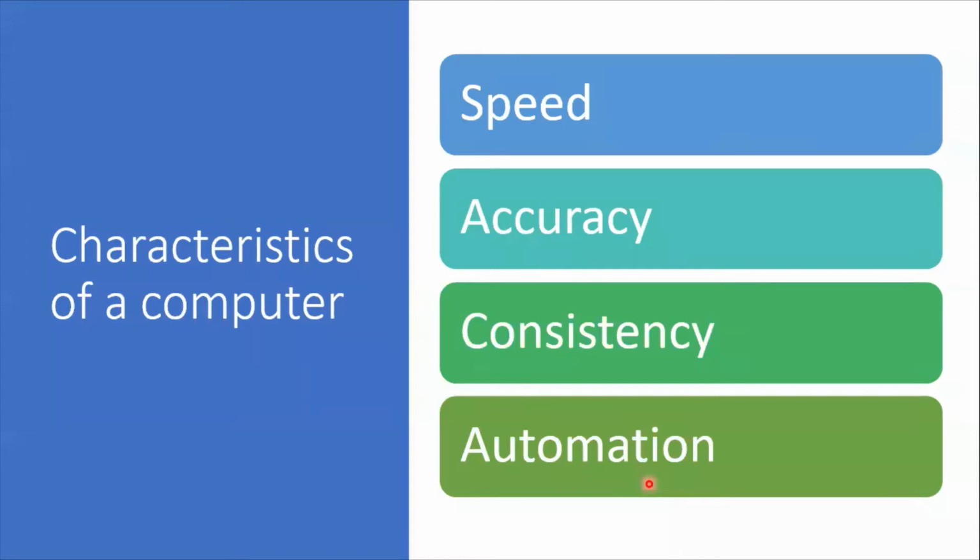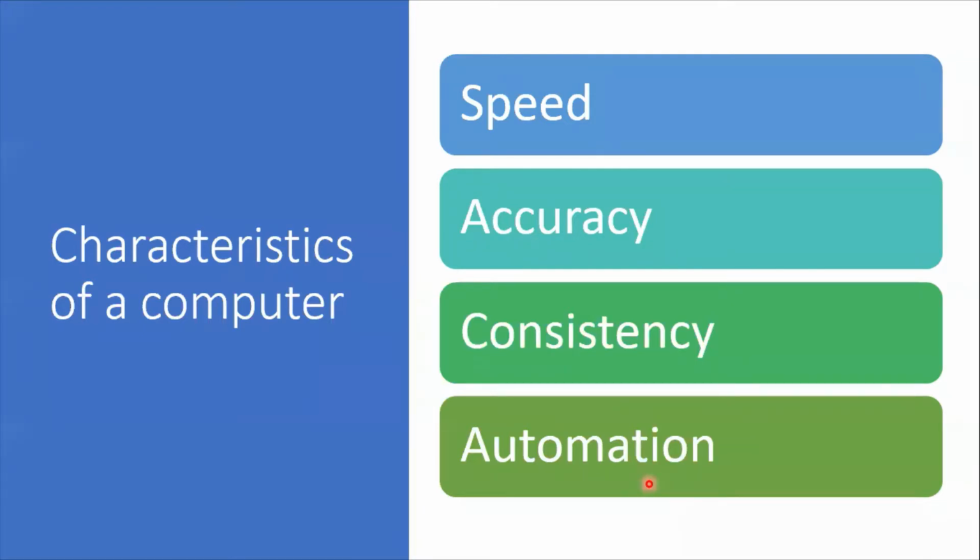You may see a lot of queues in banks and government places. Those queues are there because there are human intermediate processes. But if you are doing something online, it takes very little time, because the computer does the work for us in a rapid, fast way, because the process is automated.